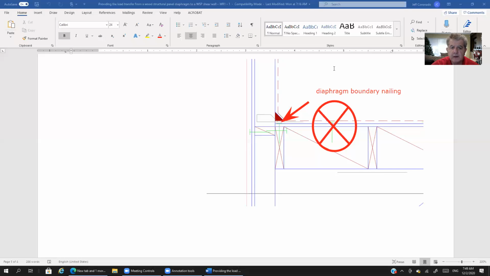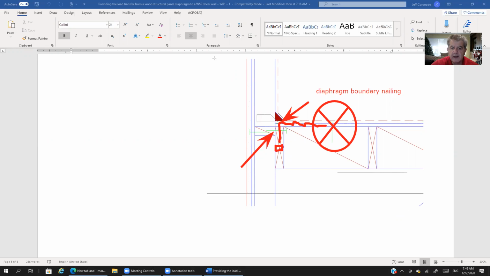So with that, then we've been able to transfer the load from the diaphragm through the diaphragm boundary nailing, and now it's in the rim joist. I'm sorry, this isn't really a rim joist. Now it's in this rafter. All right. So now what? Now where do we send the load? Well, that's where we add then this nail here, right?